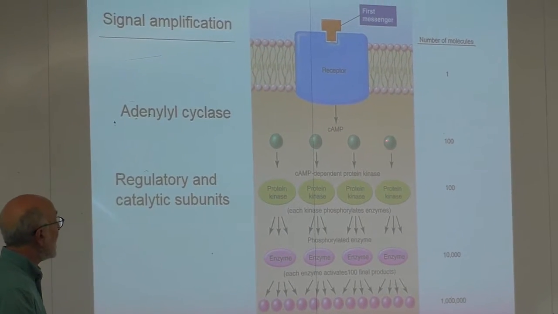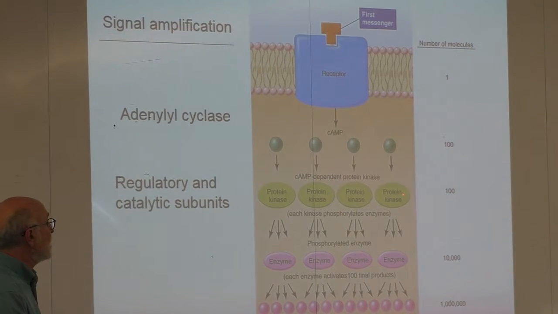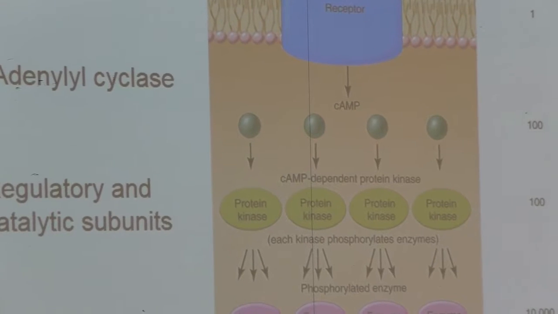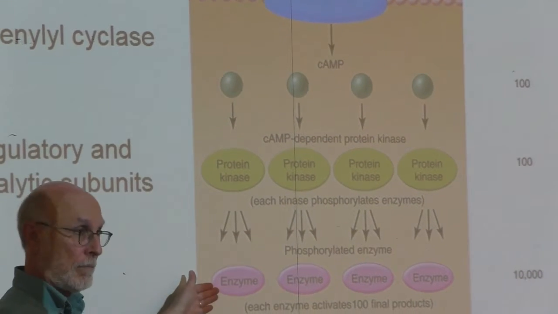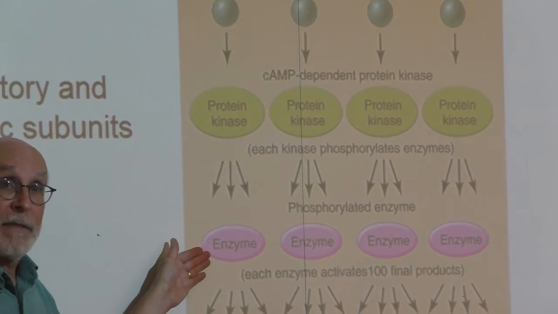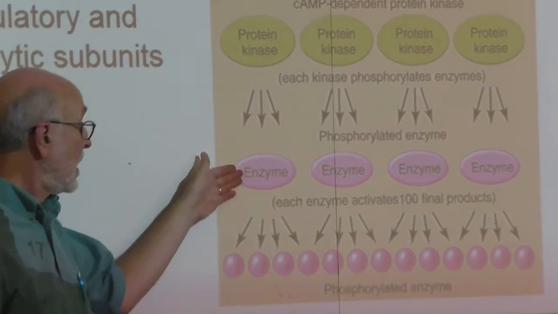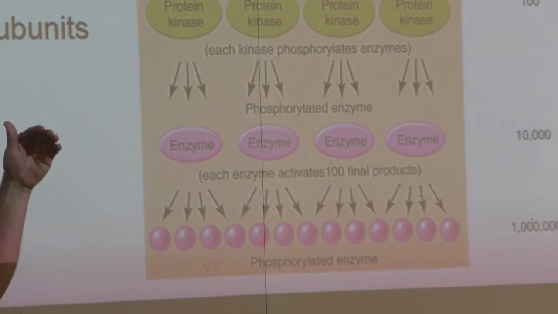Each of those second messenger molecules can activate a protein kinase, and each activated protein kinase molecule can phosphorylate and activate many enzymes, and those enzymes can activate many other enzymes. There's a cascade going on here, and so we have multiplication.